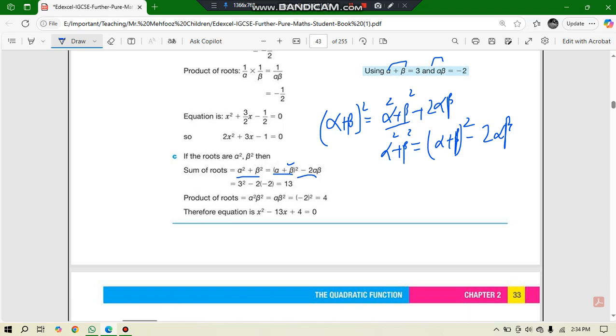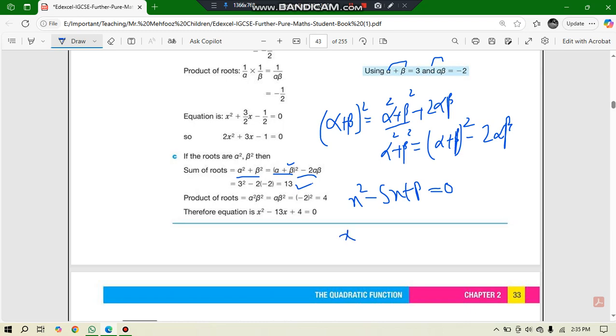So we have the value of alpha square plus beta square: 3 square minus 2 times minus 2, which becomes 9 plus 4, that is 13. And alpha square beta square will be equal to alpha beta whole square, that is minus 2 square, that is 4. So your equation will be x square minus sx plus p, as we know that s is the sum of the roots and p is the product of the roots.